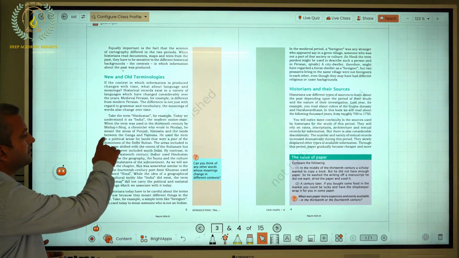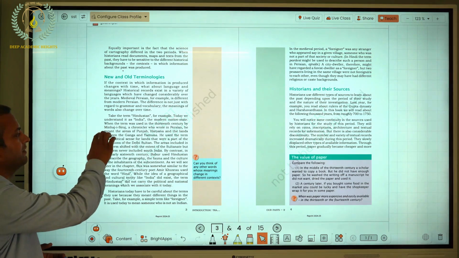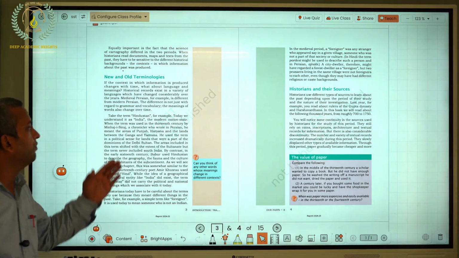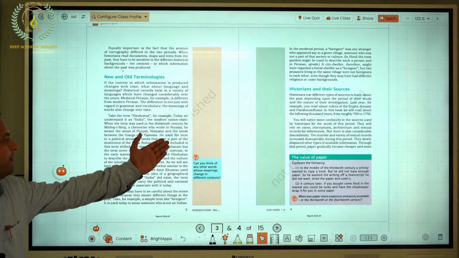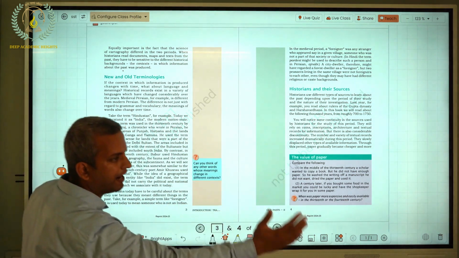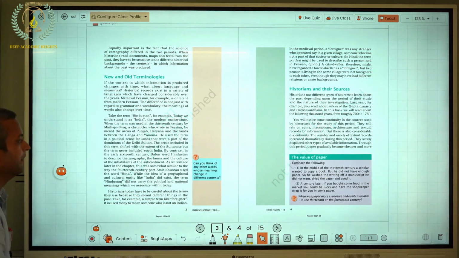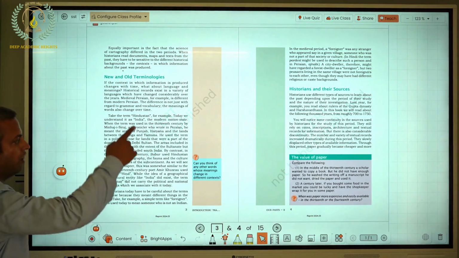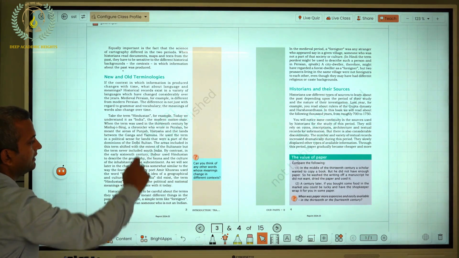The first use of the term Hindustan was by Minhaj al-Siraj, a chronicler who wrote in Persian about the land between the Ganga and Yamuna and parts of northern India that were under the rule of the Delhi Sultanate.